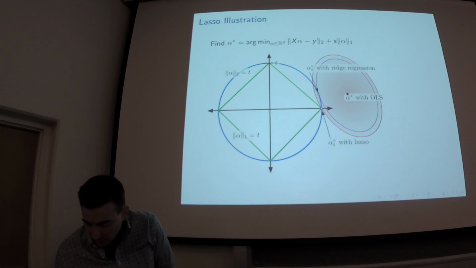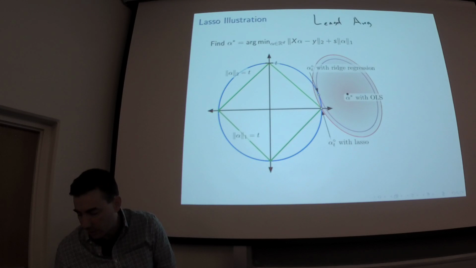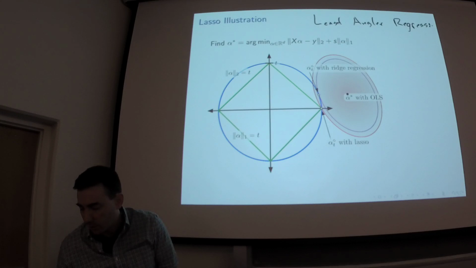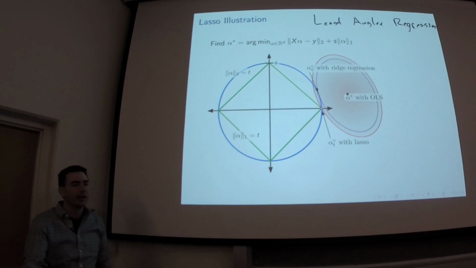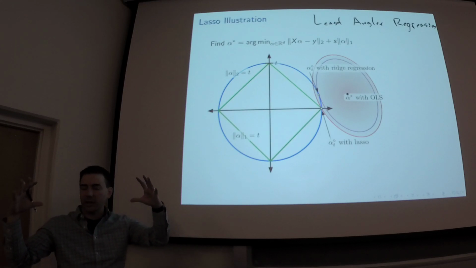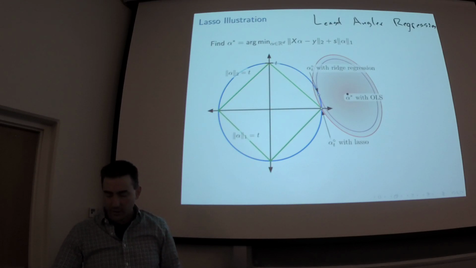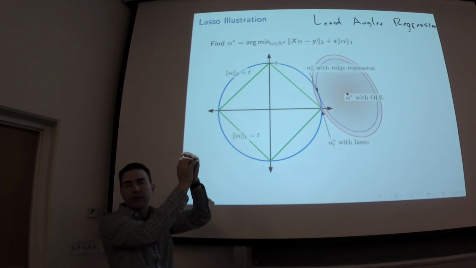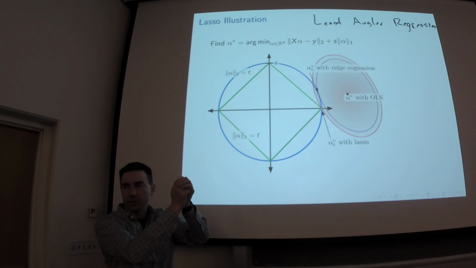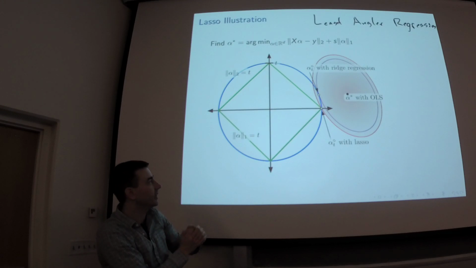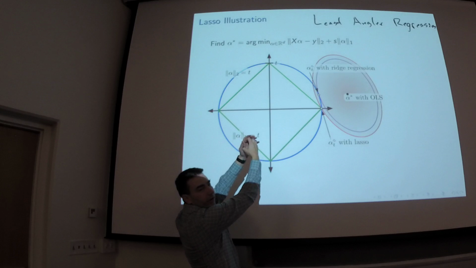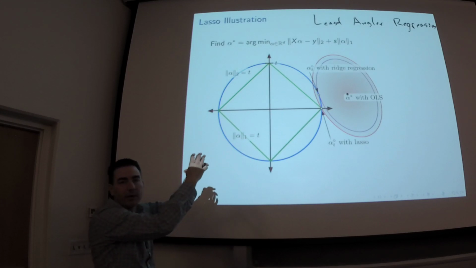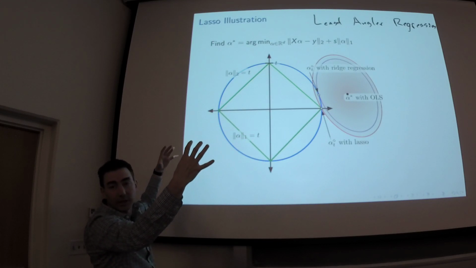There's an algorithm called least angle regression, which solves for lasso exactly. Basically, how to think about this algorithm is that you start with t being really small. I think of the hard constraint version, where I have the constraints on t, and I start with the constraint being very small, and then as I progress the algorithm, I increase the value of t.